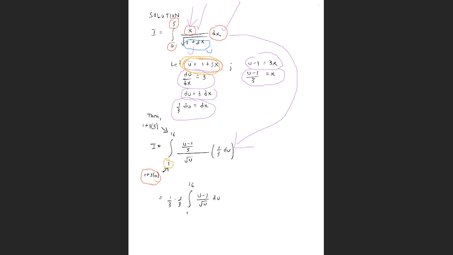On the other hand, for the upper limit of 5, when x equals 5, u is going to equal 1 plus 3 times 5. And that's 16.